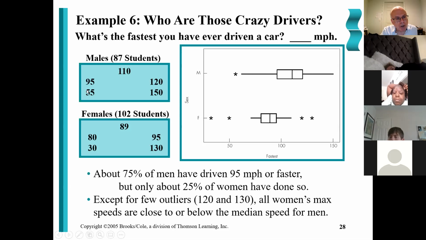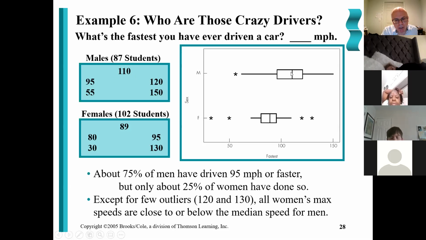So which distance is larger? Is it from the median to the lowest or the median to the highest? Just subtract numbers. This is 40, this is 55. Which is bigger? You see what I'm doing? I'm just subtracting these numbers.